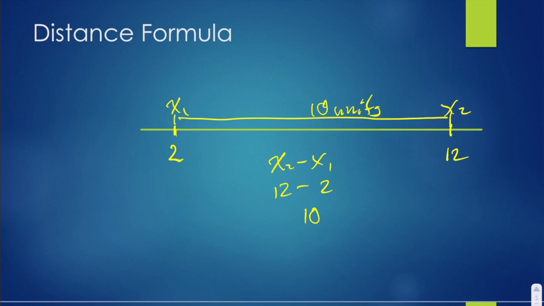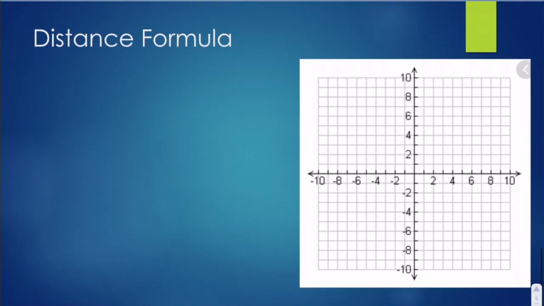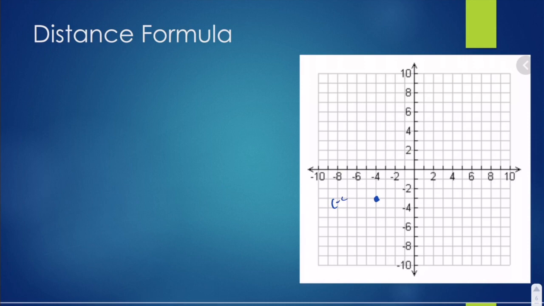So there we can do that with the distance formula. Now, this becomes a little bit more complicated as we describe the formula for distance, but let's just take a look at this on a coordinate plane. So let's take the distance between (-4, -3) and (2, 6).